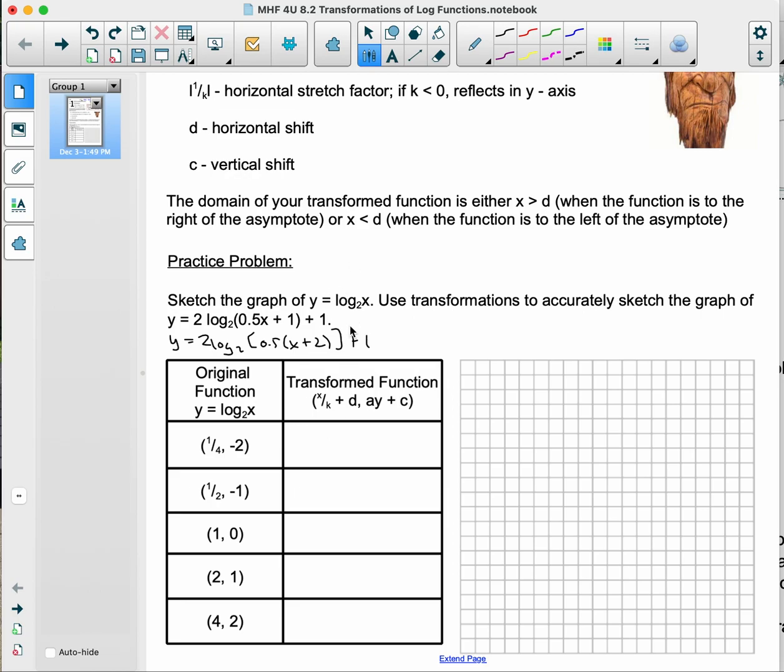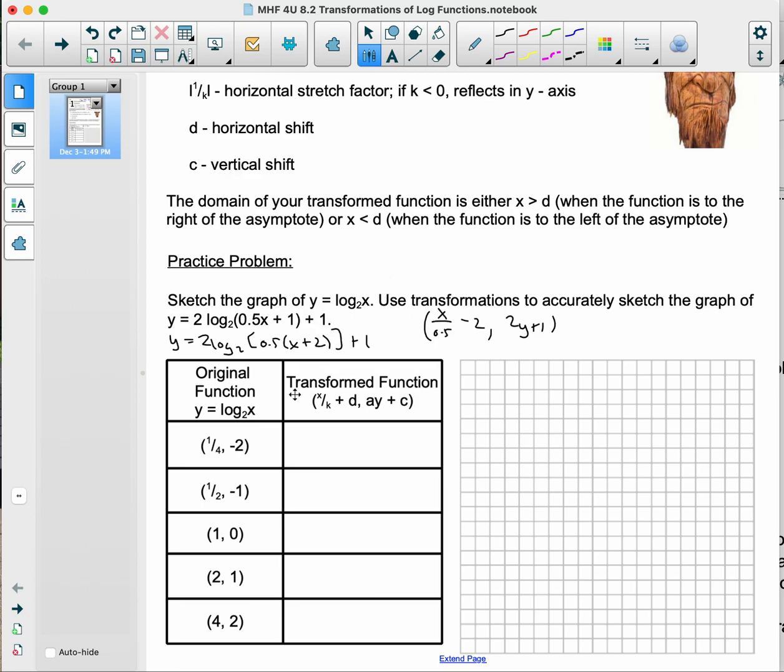The formulas that I'm using, or you can do it the way that a lot of you do with your transformation tables, I don't care. For each point, we would be doing x over 0.5, or 2x, minus 2, and then 2y plus 1.